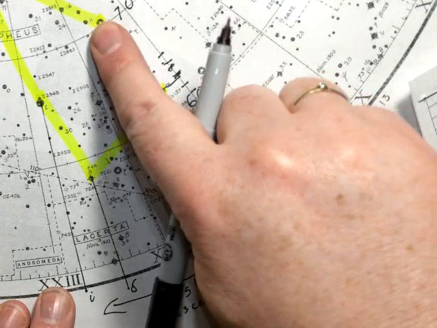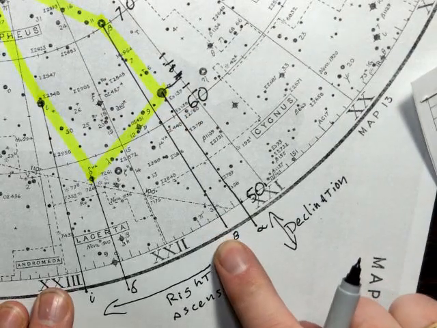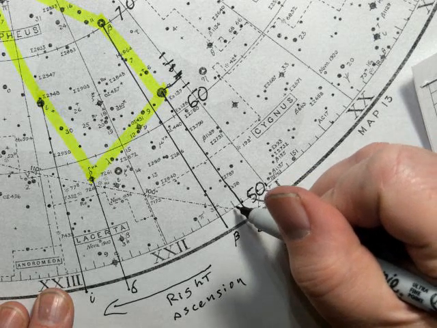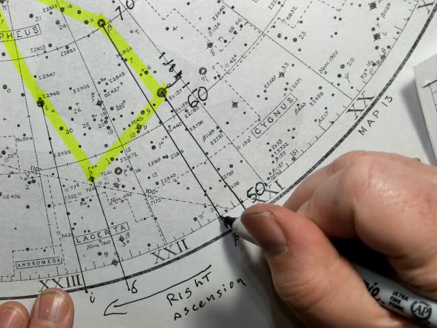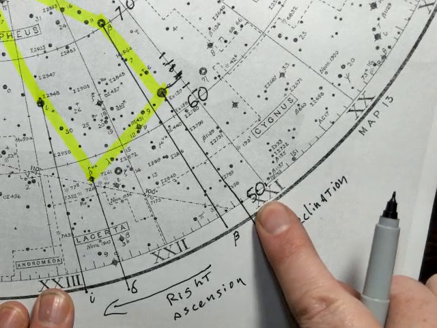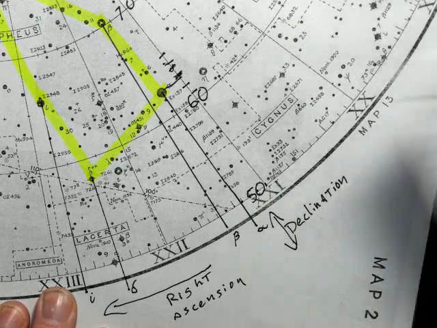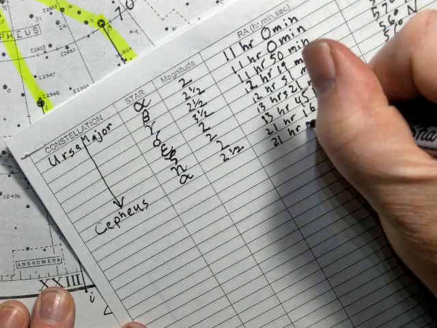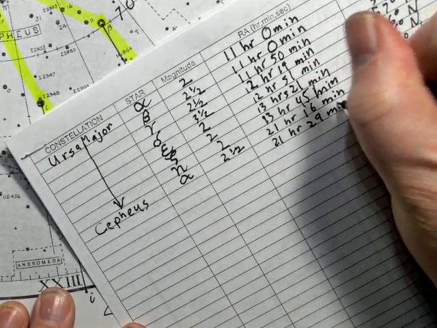Moving on to the next one, the beta. If I go out here, this is 5, 10, 15, 20, 25, not quite 30, so I'll call that 21 hours and 29 minutes. 21 hours 29 minutes.